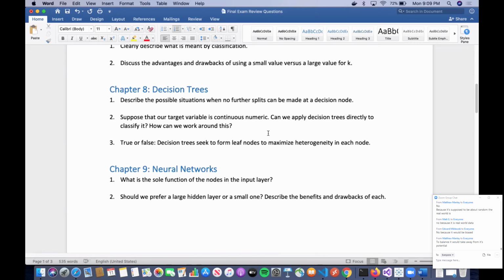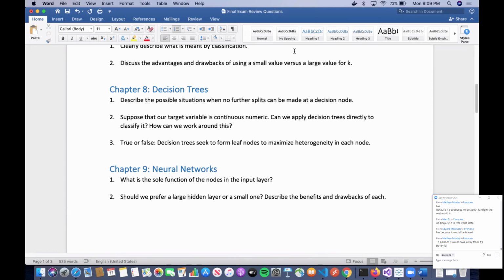Choosing the optimal value for k is most likely not to be obvious and may require several attempts. If you choose a small value for k, then the model will be unduly influenced by outliers or noise that may lead to overfitting.